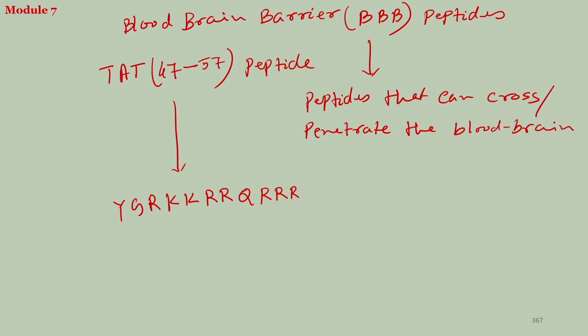As I was saying, for any cell penetration you need more positive charge, positively charged amino acids. So therefore the number of arginine should be more, polar side chains.